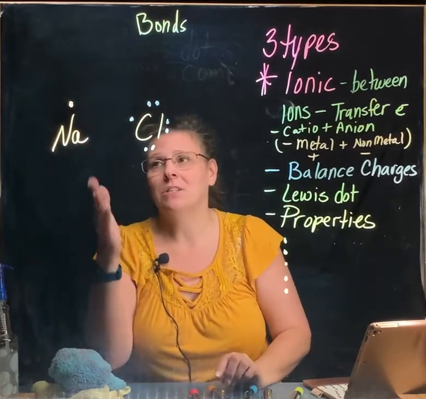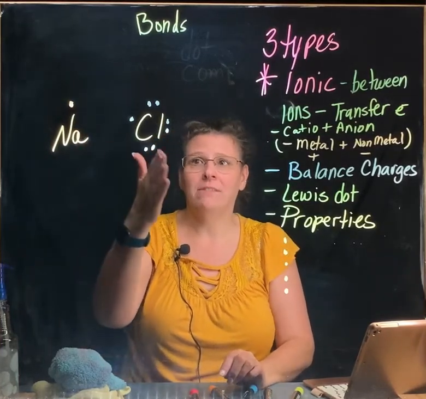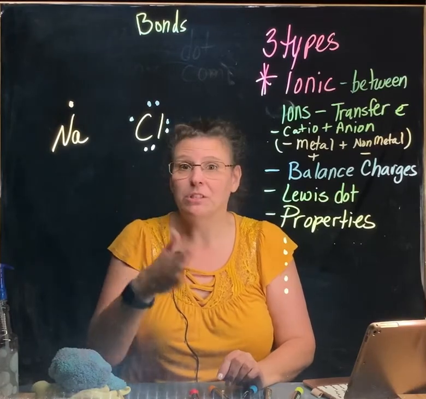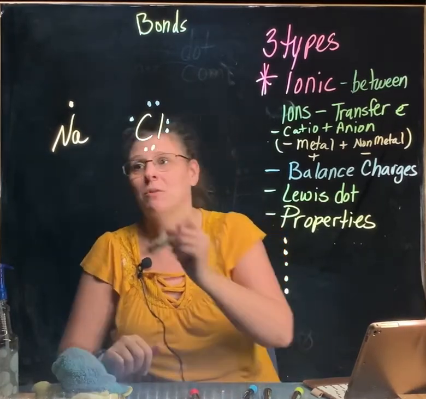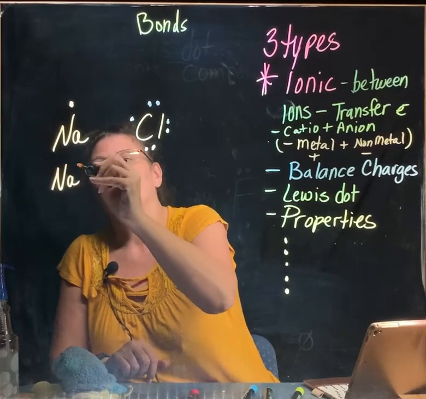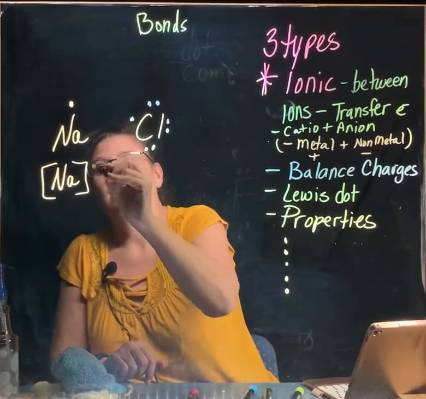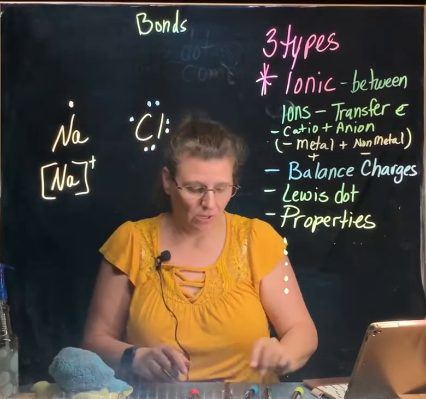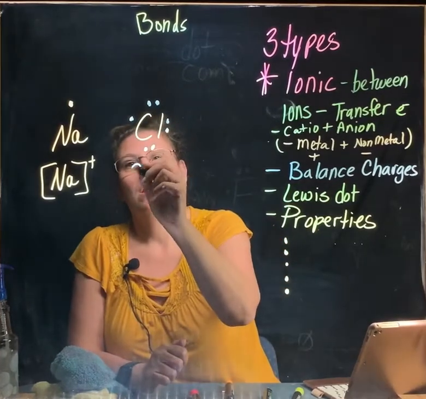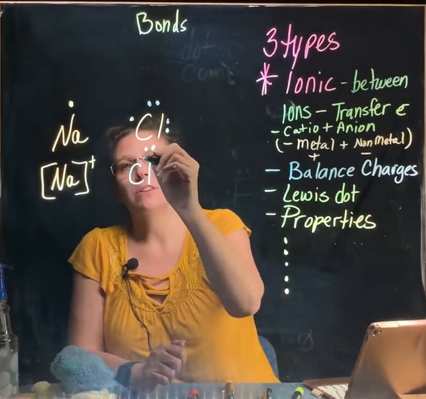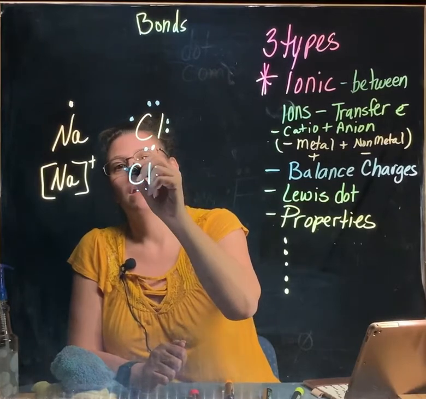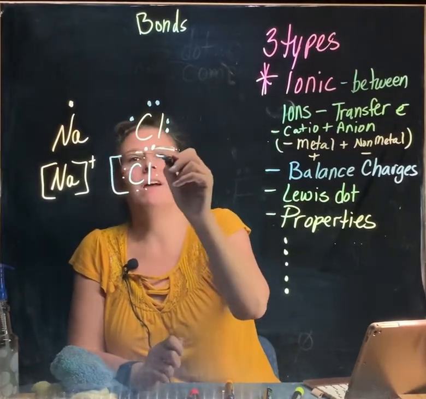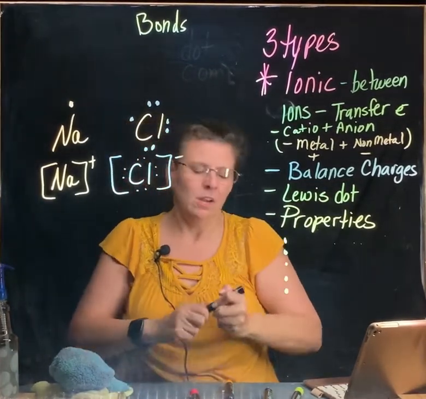So what happens is sodium is going to give away its one electron, like we talked about earlier, and make ions out of it. So if you remember, sodium's ion is in brackets, and it has a plus charge. Chlorine is going to pick up all of the electrons and have all the electrons, and it will have a negative charge. Now, what does this mean?